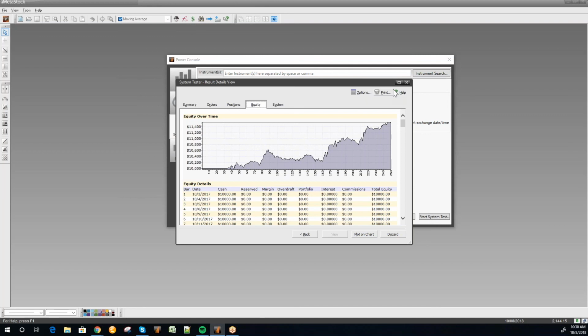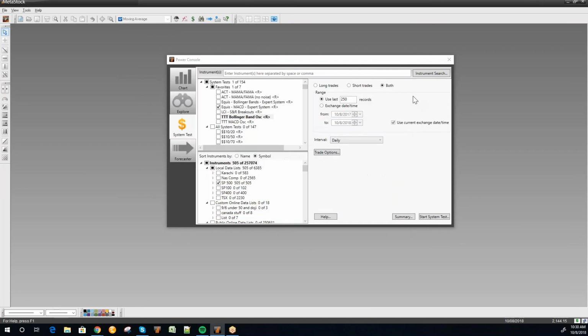Now, obviously, there are quite a few different tools within MetaStock. I don't have time to cover a lot of them today. However, I didn't want to shortchange you. I wanted to make sure that you in the audience had the ability to really learn about a lot of our tools within MetaStock.